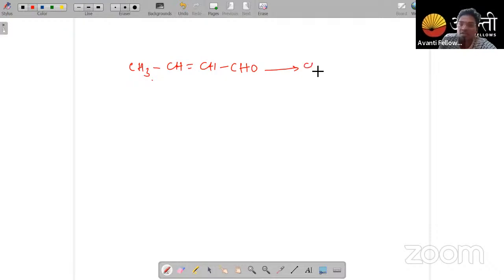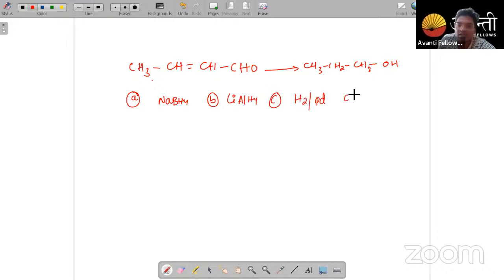So you are converting it into CH3, CH2, CH2, OH. If you are converting crotonaldehyde into alcohol, what is the suitable reagent you are using? One is NaBH4, B is lithium aluminum hydride, C is H2 in the presence of palladium or nickel, and D, you can also take zinc amalgam in the presence of HCl.